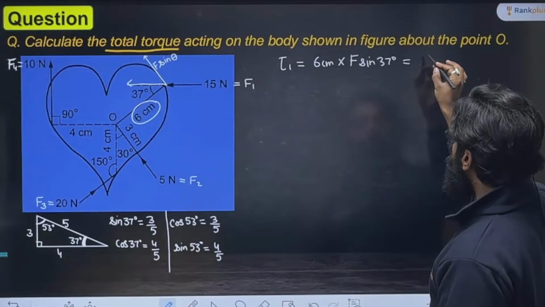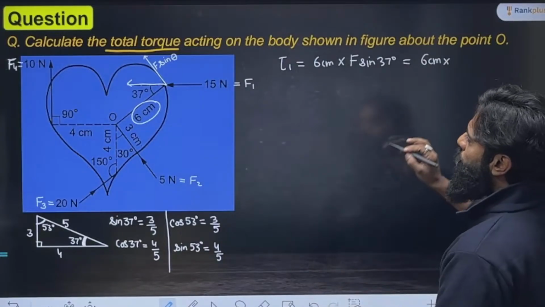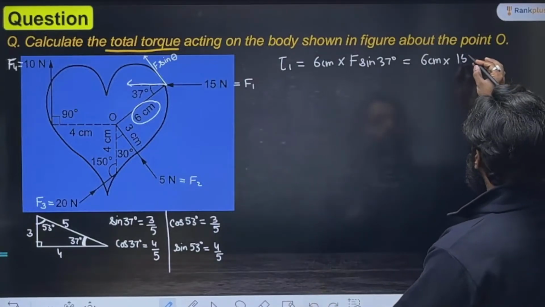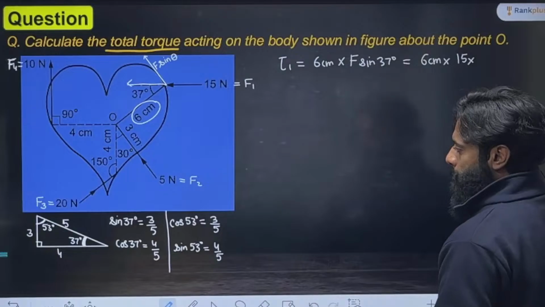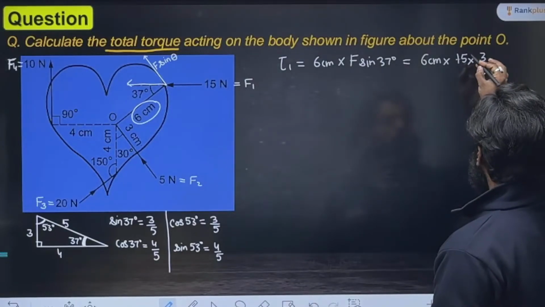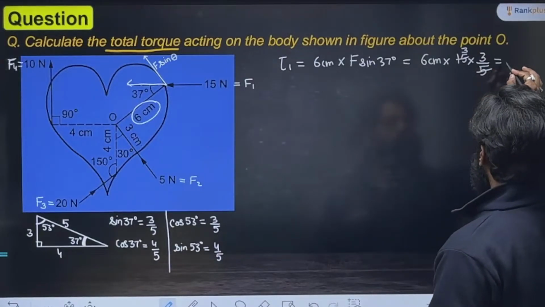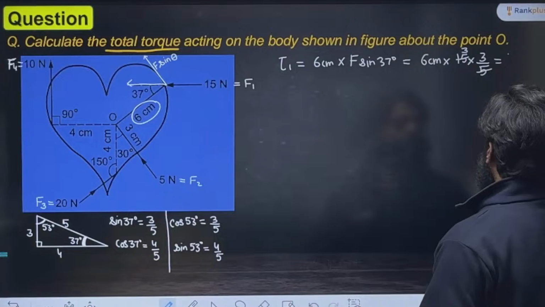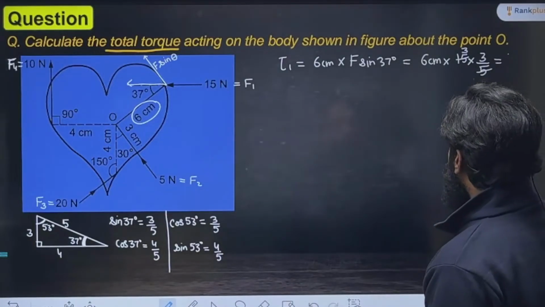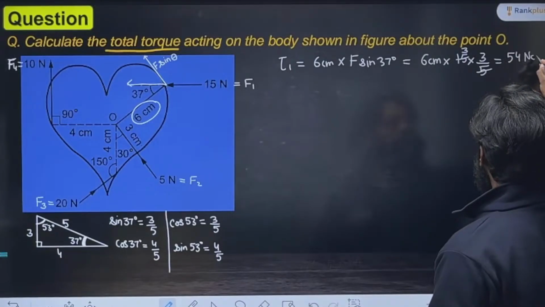Write it as 6 centimeter multiplied by F, which is 15, sine 37 is 3 by 5. 5 3s are 15, 3 is 9, 9 6s are 54. 54 Newton centimeter.